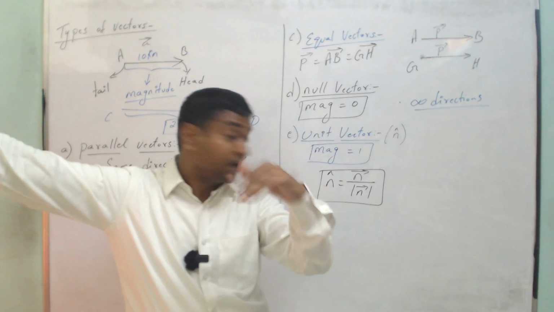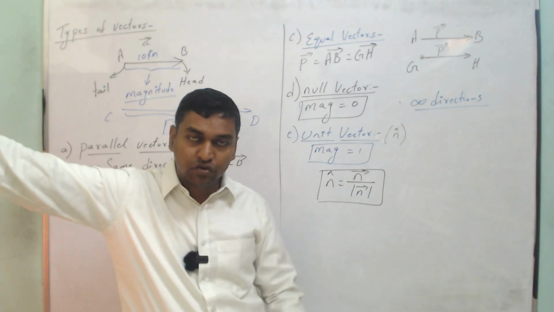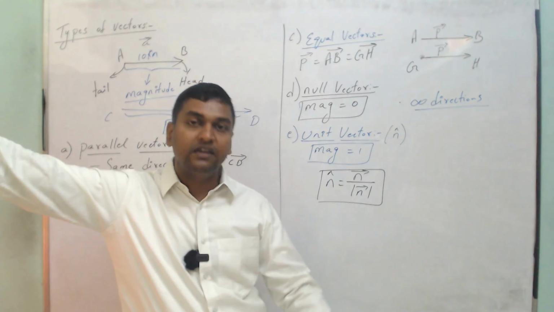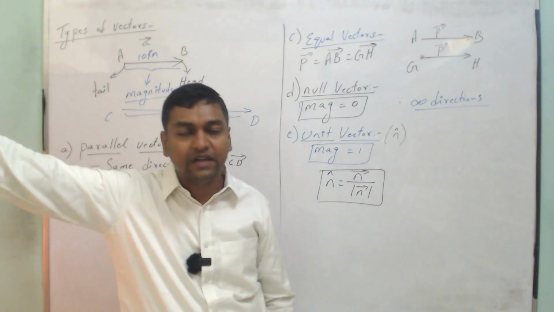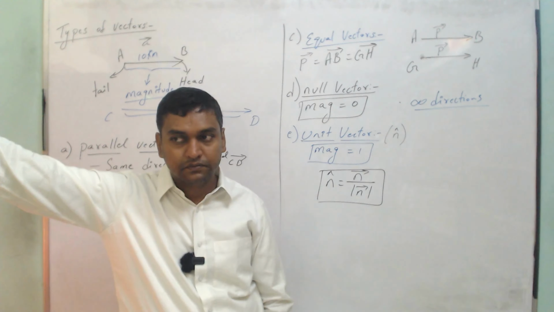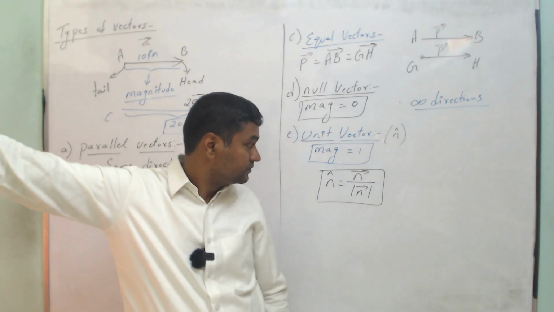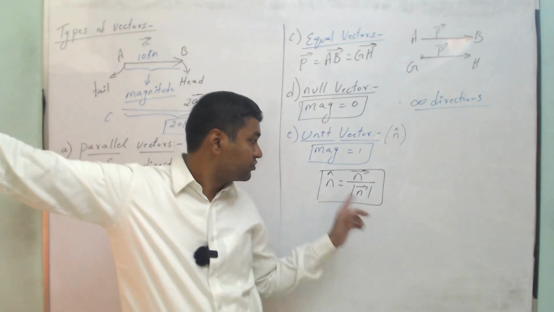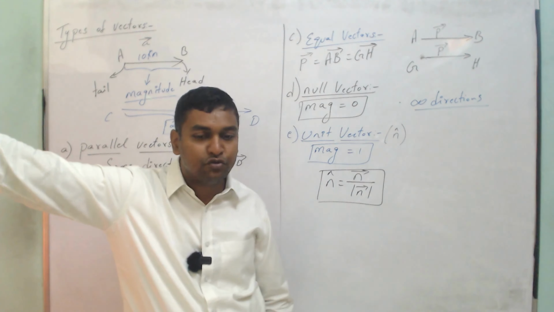So you take any vector and divide it by its own magnitude to get the unit vector in that direction. Magnitude is usually denoted by mod, the modulus. Welcome to mathematics.